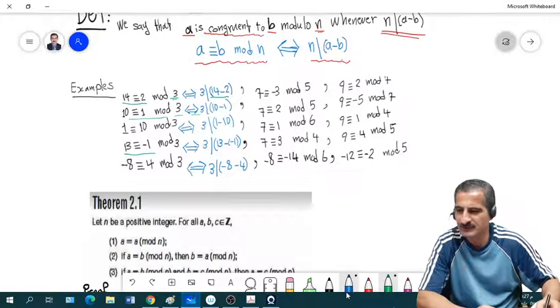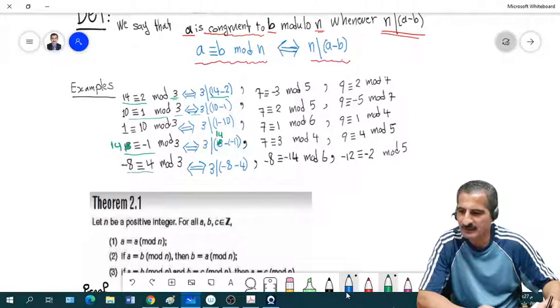So we need to fix that. I meant this to be 14. Sorry. 14 is equivalent to negative 1 modulo 3, since 14 minus negative 1 is divisible by 3.